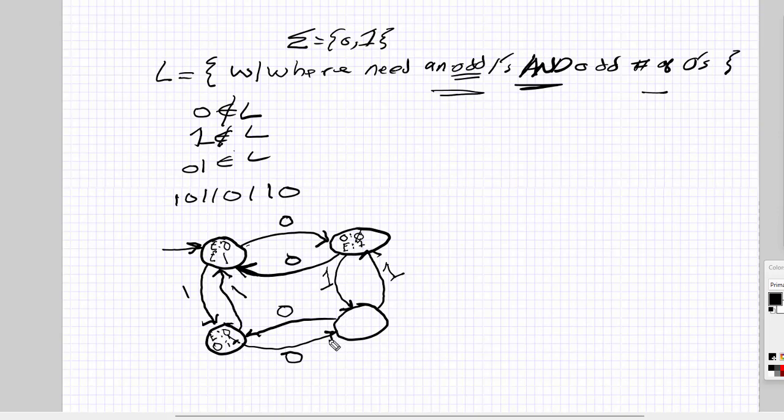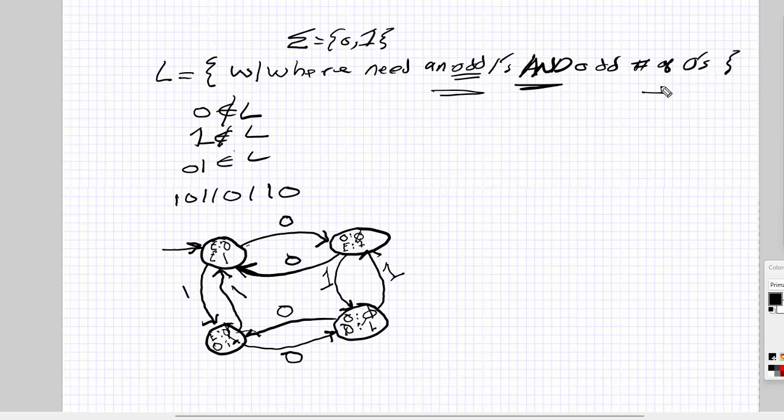We have a 0, and then we always have an odd number because once we get the second one, we move to this state. So odd number of zeros. There's also a 0 with the strike there. Okay, odd number of zeros. Let's look at the 1. We read a 1, we have a 1. Then we read another 1, we go back to this state. So now we have an odd number of ones.